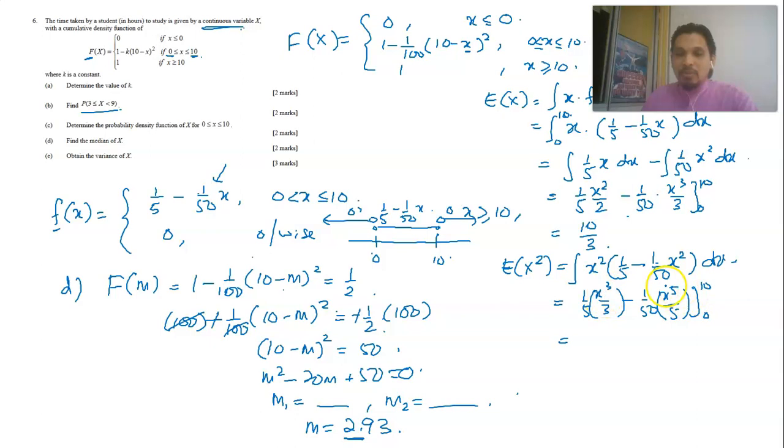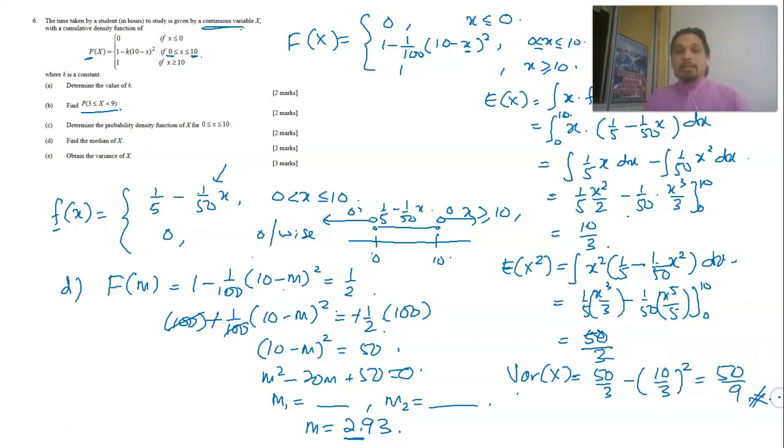Substitute 10 first, then the cube equals 1000 divided by 15 minus 10 to the power 5 divided by all this, and you should get 50 divided by 3. Okay, so then the variance of x equals 50 over 3 minus (10 over 3) squared, and this should get 50 divided by 9.